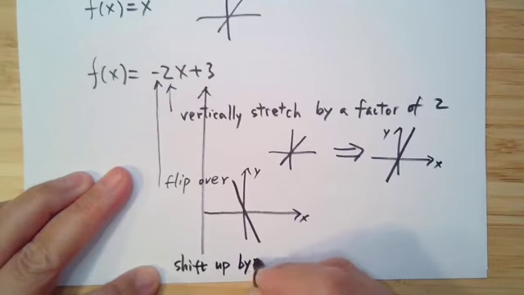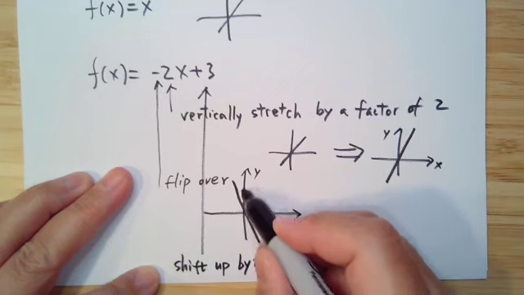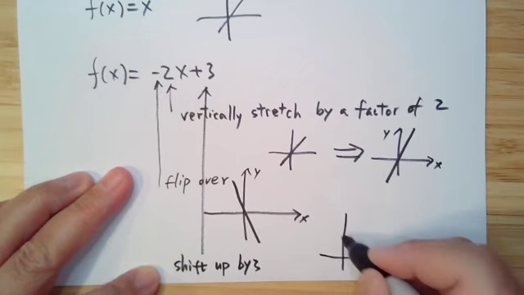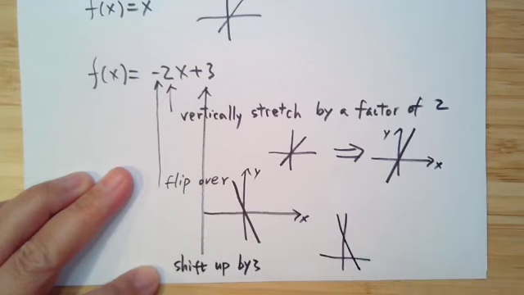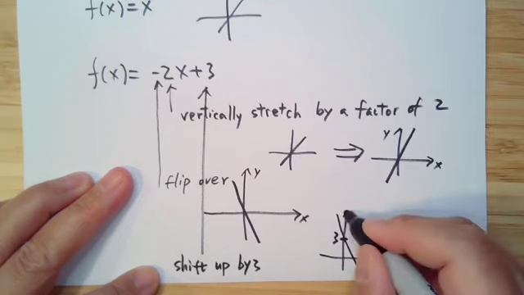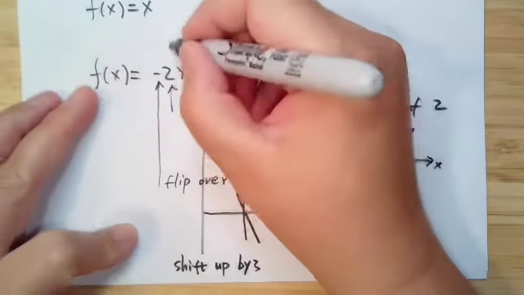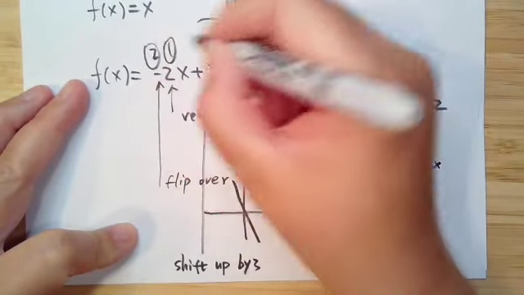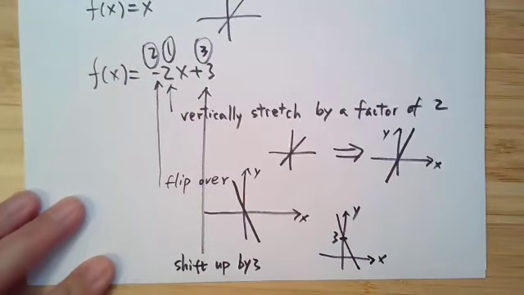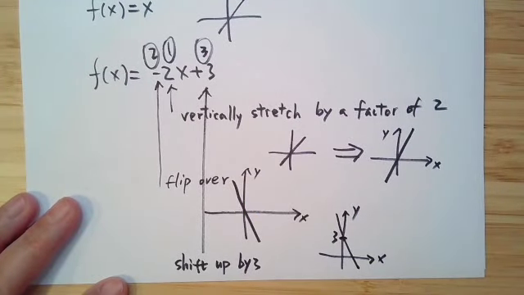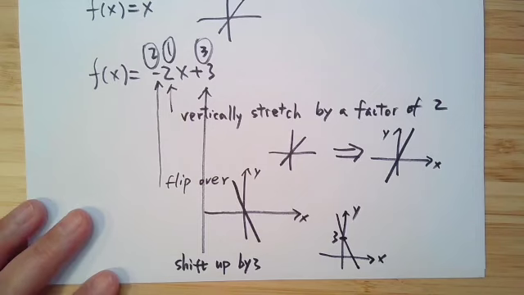So starting from 0, shift up by 3. So you're going to have, okay, here's the 3. And the slope is -2. You see the idea? This is step 1, this is step 2, and this is step 3. That's how you work on the transformation of the graph of the function, starting from the parent function.